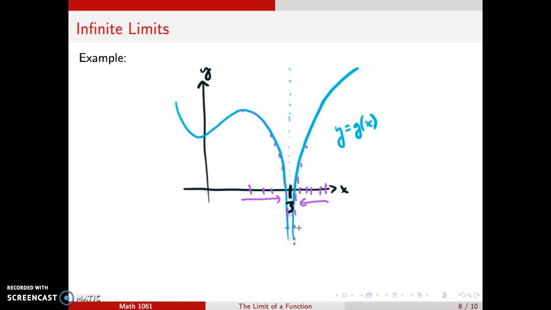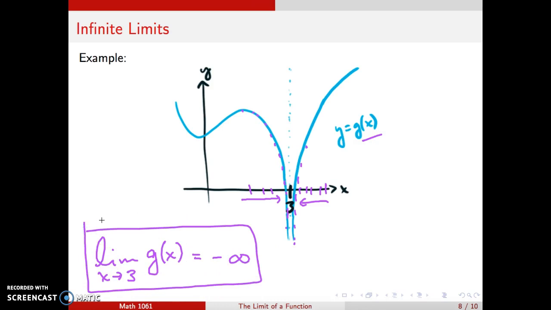So on both sides we're decreasing without bound, and so we say the limit as x approaches 3 of g of x, that's what we've called it here, is negative infinity. So we say the limit is negative infinity, even though it doesn't exist as a finite number. We say it is negative infinity.